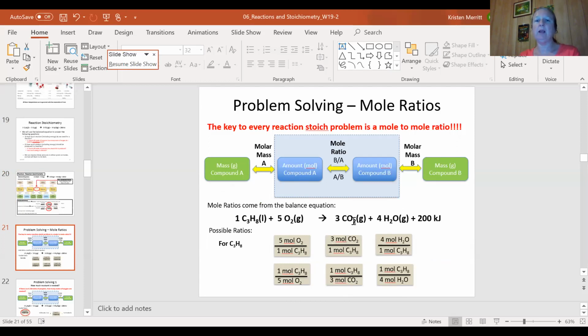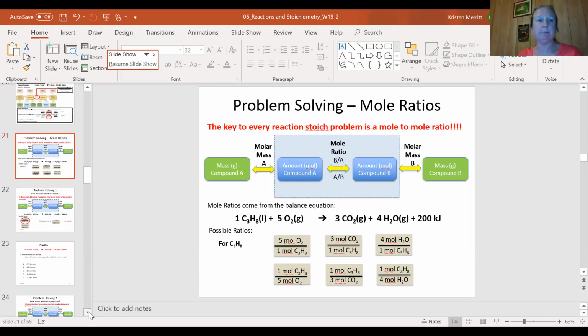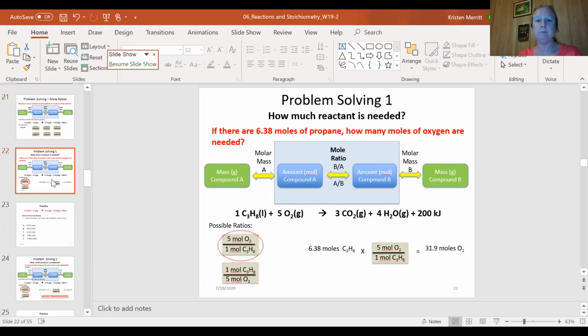Like I said, you can even do the atoms. You can pull the oxygen atoms out and ask a question about that. As long as it's coming from this relationship and your numbers are correct that you use, you can ask anything. With moles, you have to be comparing moles and moles. So this was one that we already worked out.